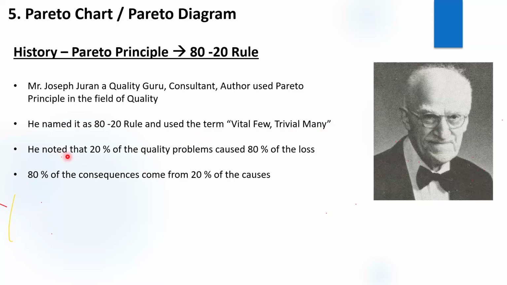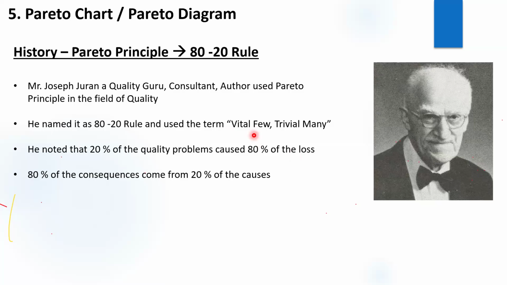Joseph Juran noted that 20% of the quality problems cause 80% of the loss. So 20% of the defects contribute to 80% of the rejection. Suppose I have 10 defects, then 2 defects are contributing to 80% of the rejection. So I need to focus on this, called the vital few.